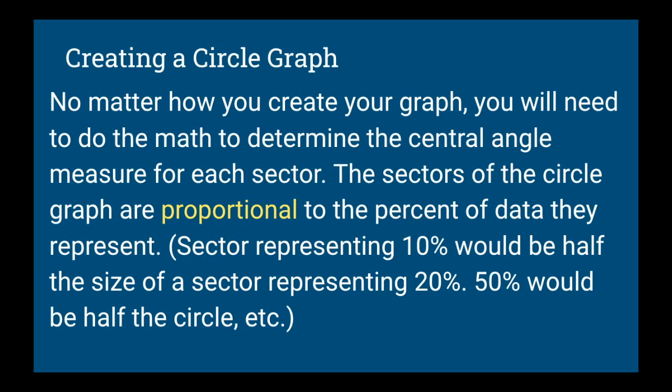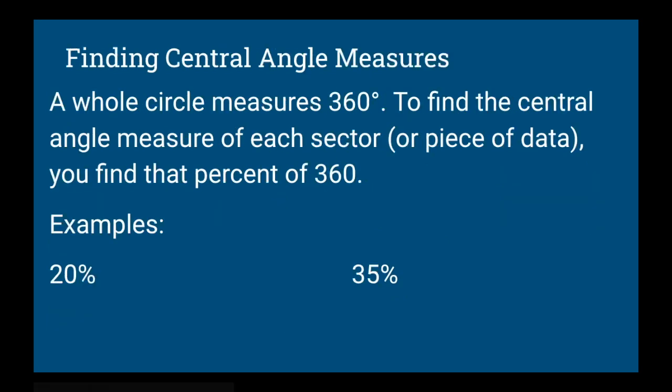So this is going to be a proportional relationship. When you're finding central angle measures, a whole circle measures 360 degrees. And to find the central angle measure of each sector or piece of data, you're going to find that percent of 360.